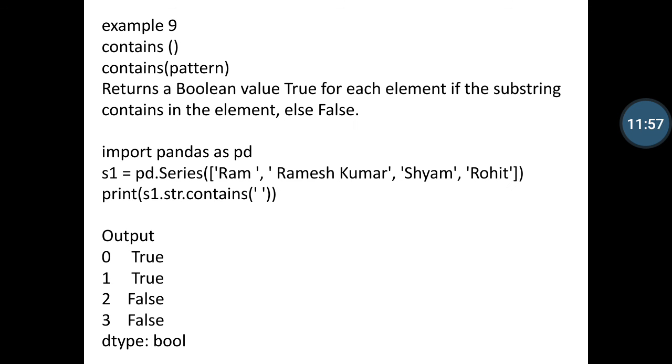And then example 9 is the contains method. Basically it returns a boolean value, true for each element if the substring is contained in the element, else false. First of all we import only a single library, pandas as pd, and create a series s1, and then define print s1.str.contains with a single string, and close the brackets.